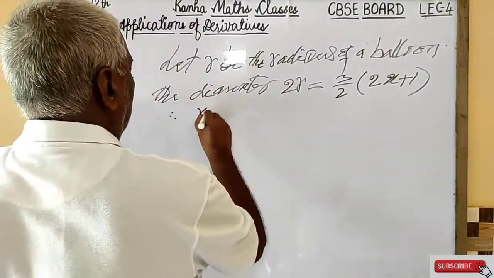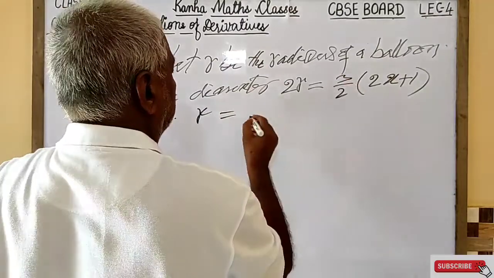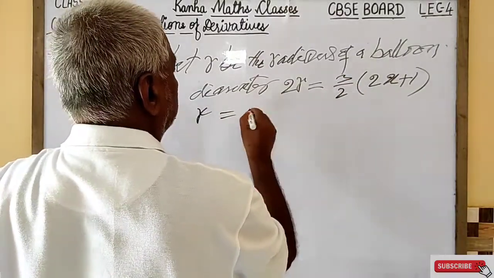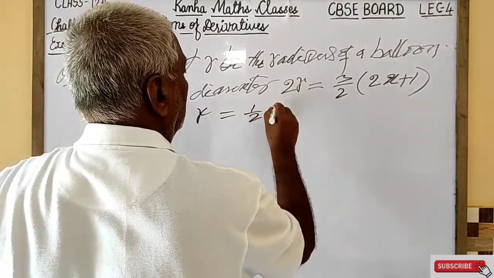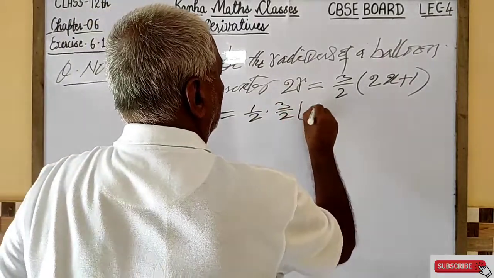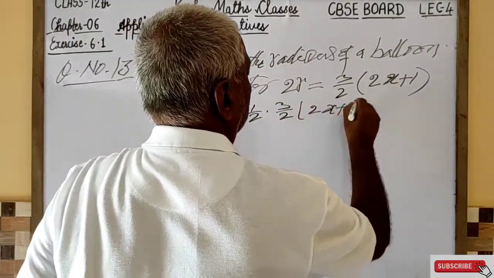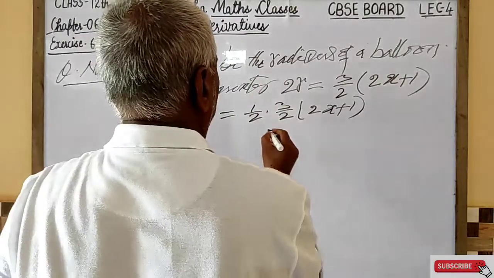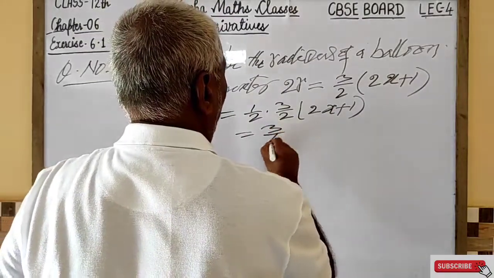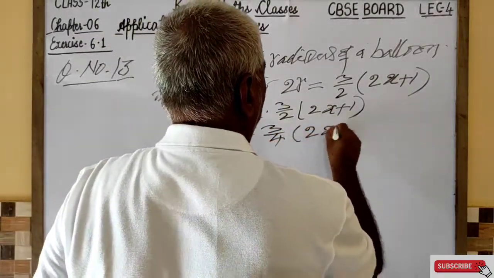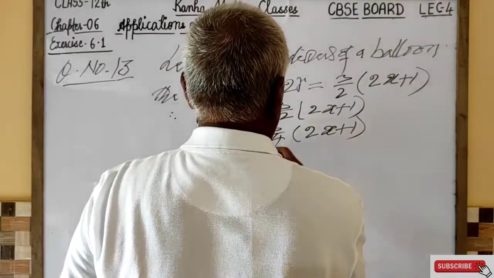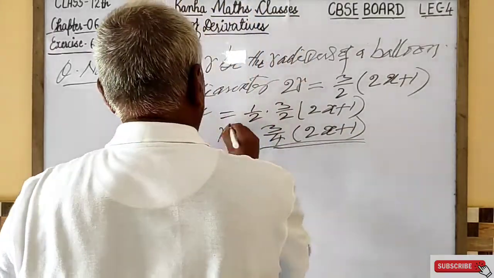Hence radius r will be equal to half of this, 1 by 2 into 3 by 2 (2x plus 1), that is equal to 3/4 (2x plus 1). This is the radius of the balloon.